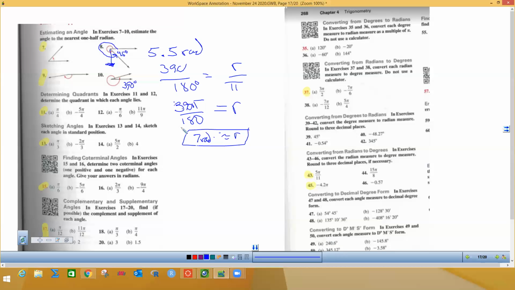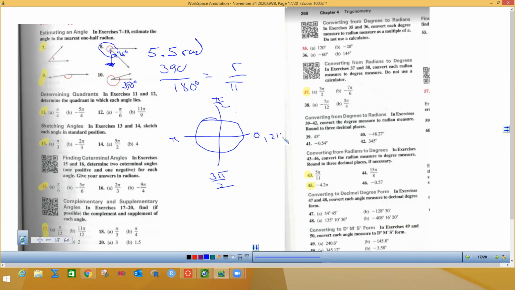Coming on down to the next part, it says determine the quadrant in which each angle is. So I'm going to show you what I would probably do if I were you. Again, if you remember around the circle a minute ago, we could say that's 0, this is pi over 2, this over here is pi, this is 3 pi over 2, and going back up here is 2 pi. And we can put these into decimal form, just like we had over here.